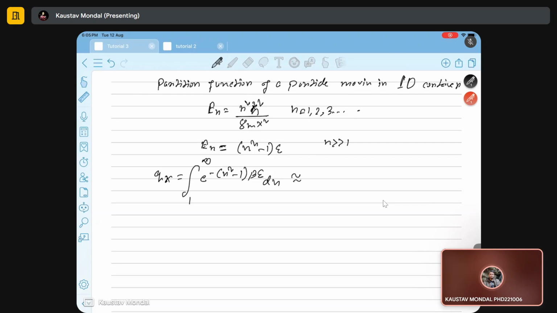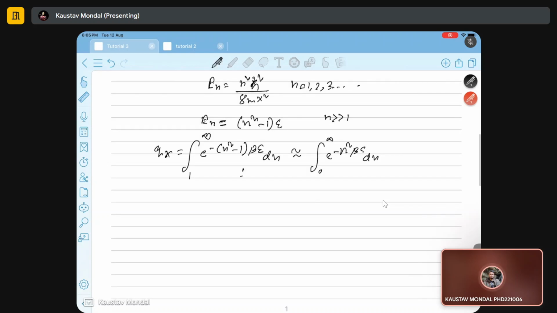For that we have approximated it as the integral from 0 to infinity of e to the power minus n square beta epsilon dn. Now from there we have done the integral, and after doing this we got the expression of q_x, the partition function, like this: 2 pi m by beta h square to the power half into x.